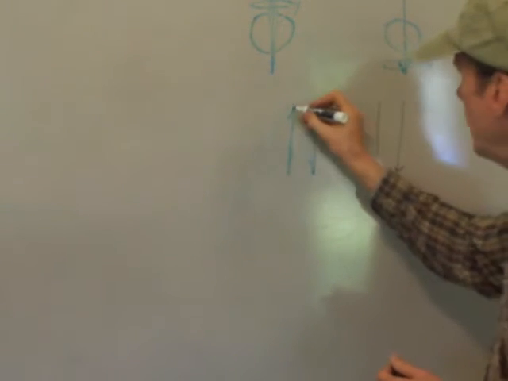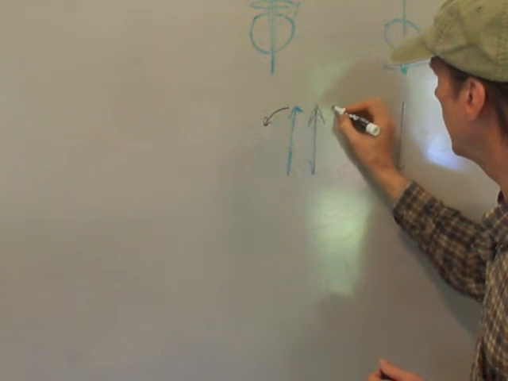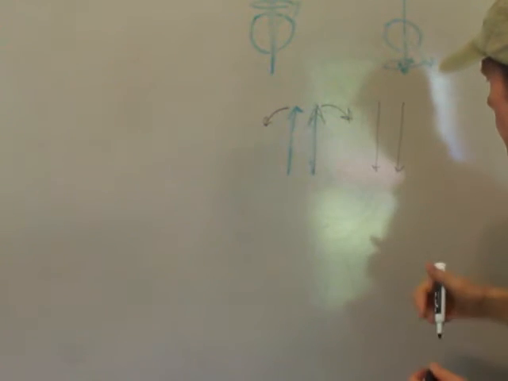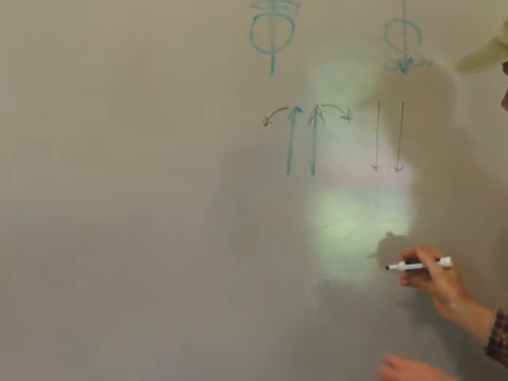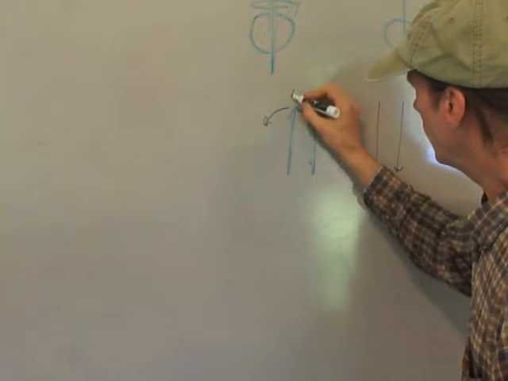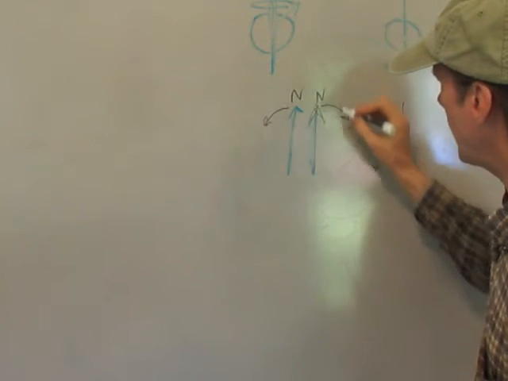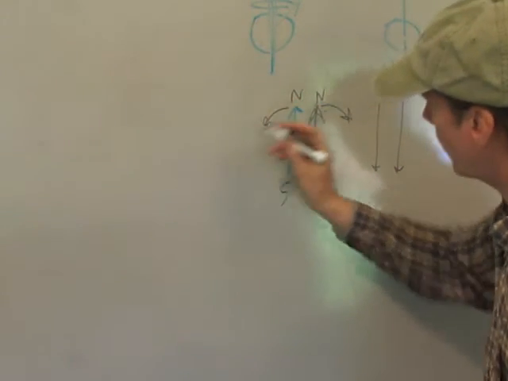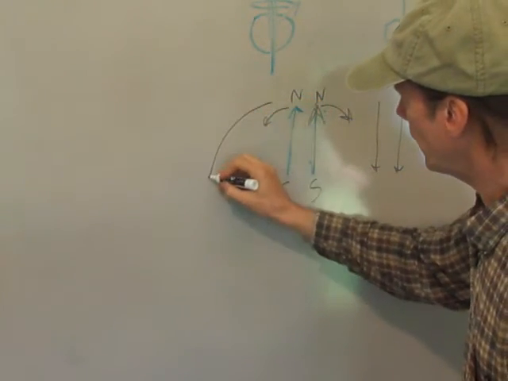And in between, they're going like this. One's going one way and one's going the other. Everything outside of them, this north, that magnetic north, rotating this way. This one's rotating that way.